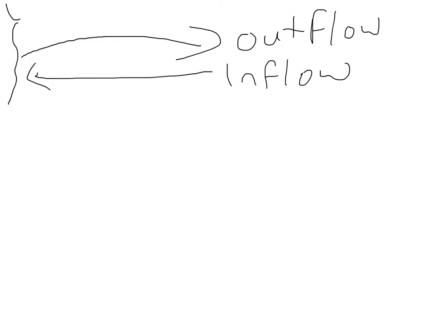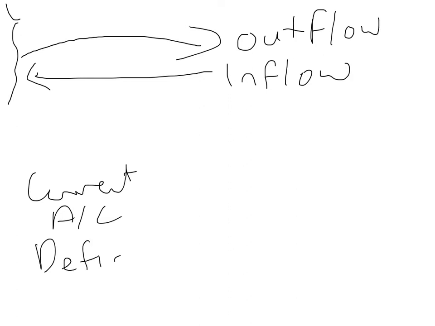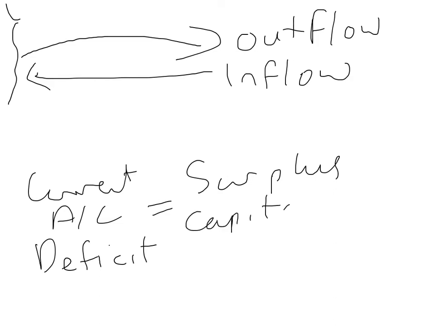Alright. So what we've got here is a current account deficit. That means that we're basically buying more from the rest of the world than the rest of the world is buying from us. And that must always equal the surplus on the capital account and financial account.